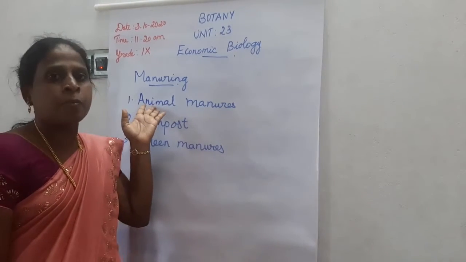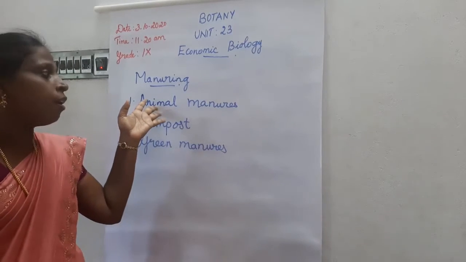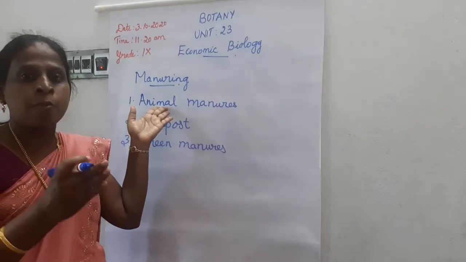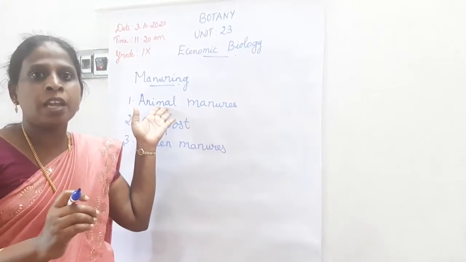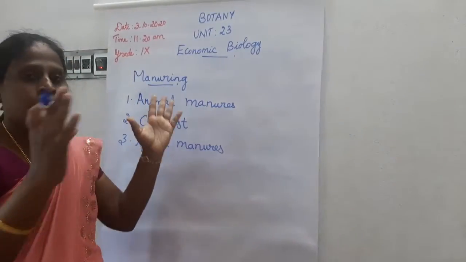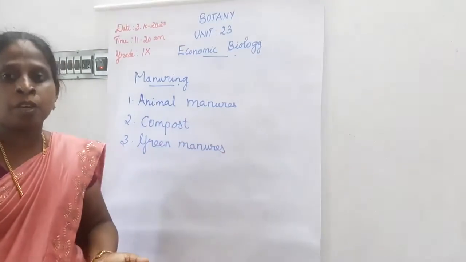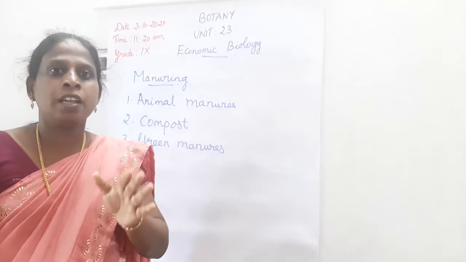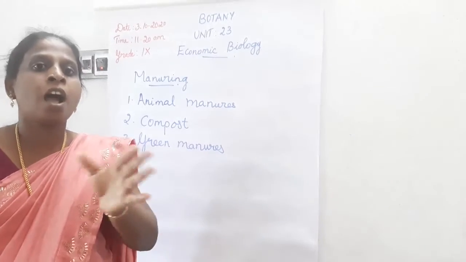Animal manures are obtained from the feces and urine of animals. Animal manures consist of animal feces, urine and other litter and waste, and these mixtures are called animal manures. There are different types of animal manures, with different qualities and different applications.